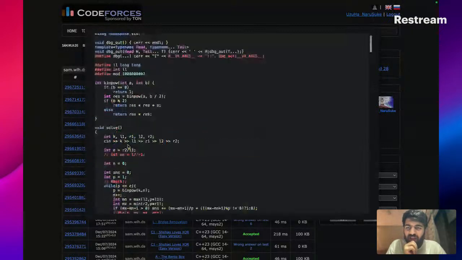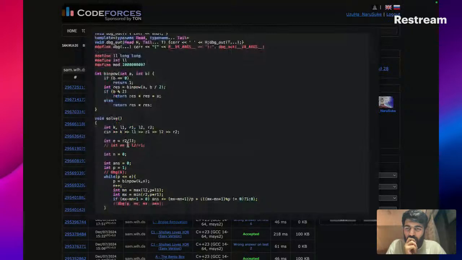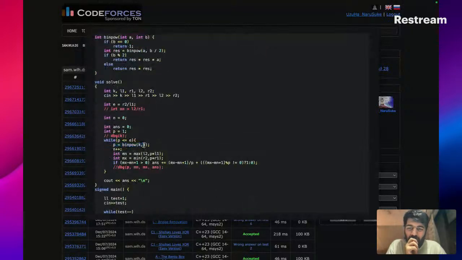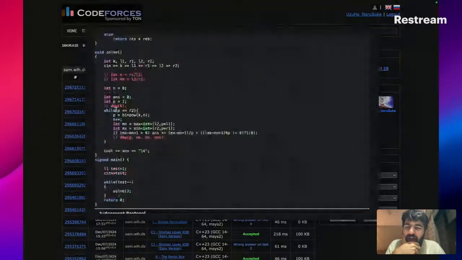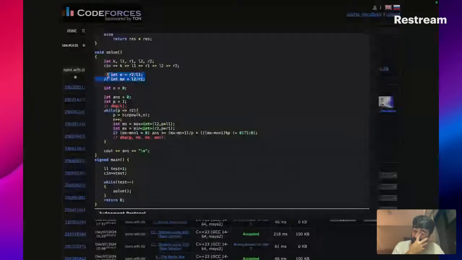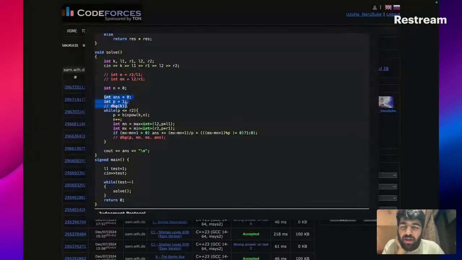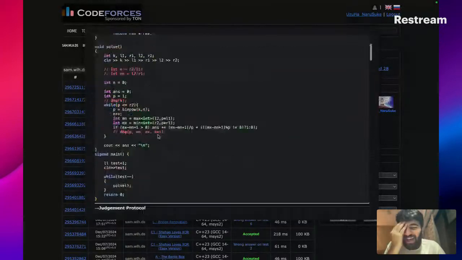Okay, you don't need that window. R2 by L1, why? It is the maximum value that y can take. Y can go up until R2, right? I also tried, but it gave a wrong answer.